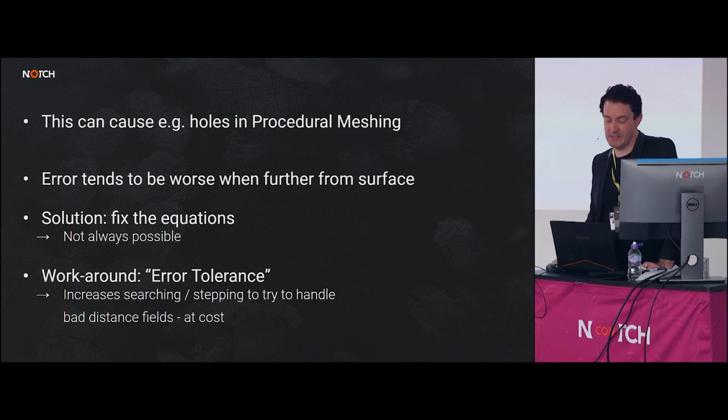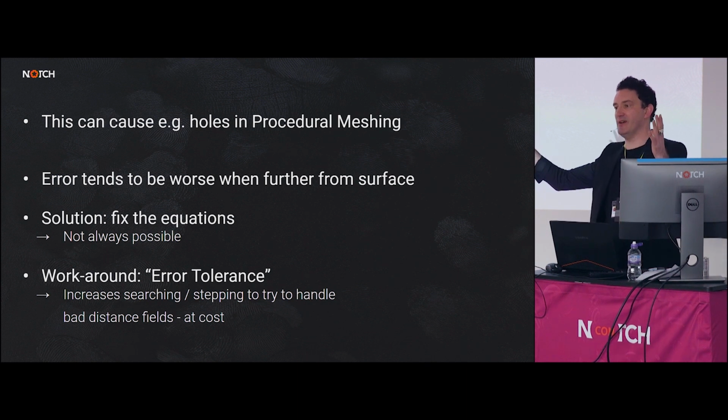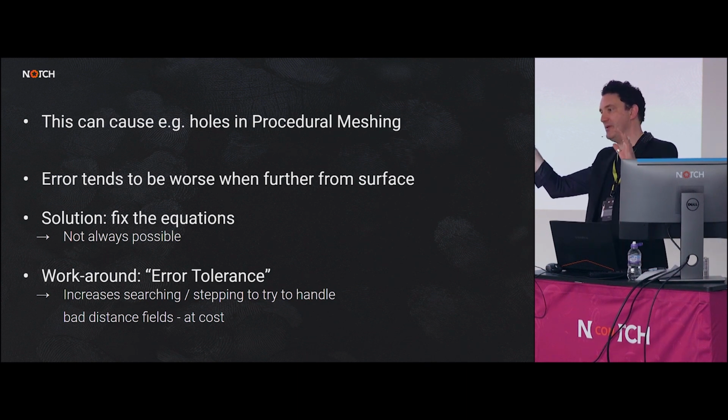The workaround is that procedural rendering nodes have a parameter called error tolerance. The way all the procedural rendering nodes work is that they try to rapidly find the surface by using a search. They say, here's all the space that I'm interested in, and I want to rapidly find the zero distance by a binary search or something like that.